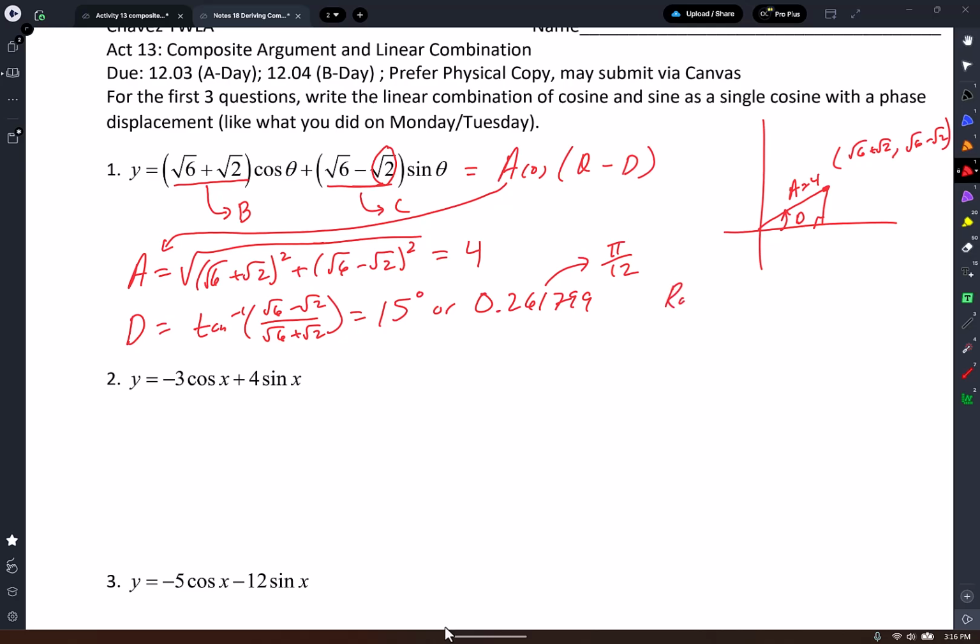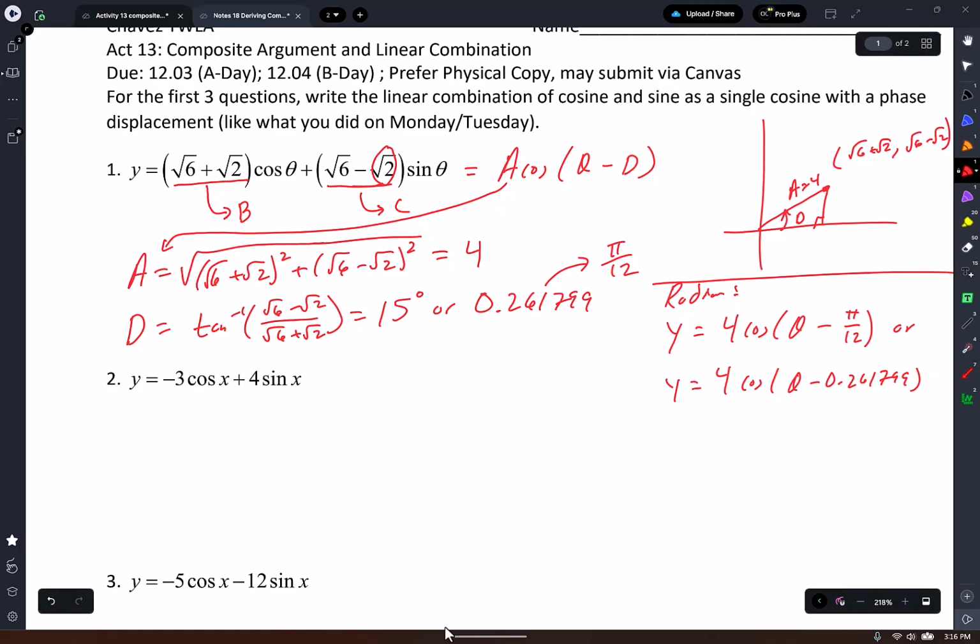So what is it? If I'm in radian mode, this equation would be y equals, what's my amplitude? 4 cosine, open parenthesis, theta minus pi over 12, or 4 cosine theta minus 0.261799. Obviously, the pi over 12 is the better answer because that's perfect.